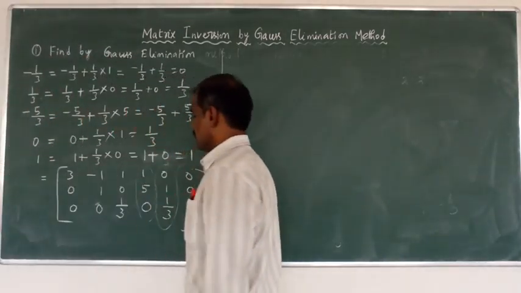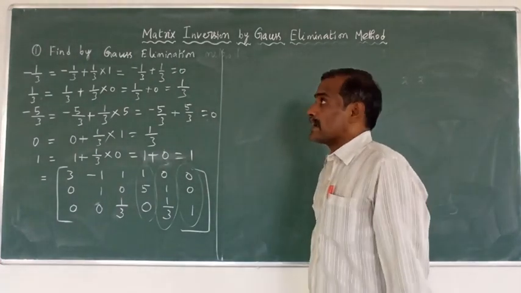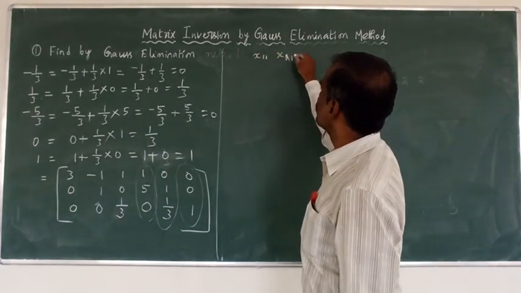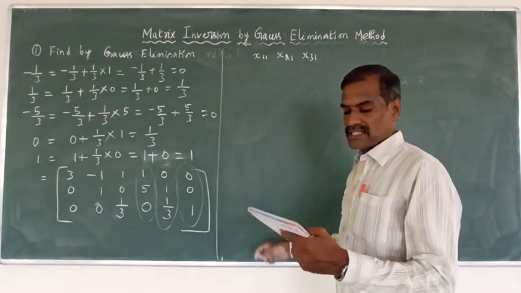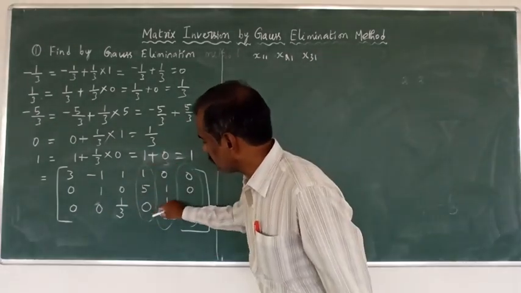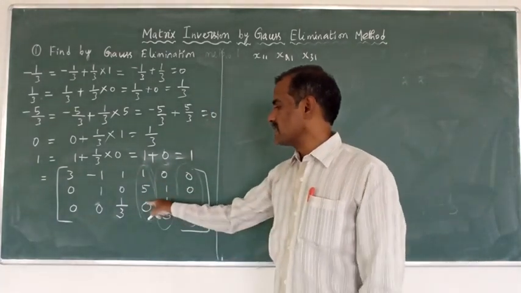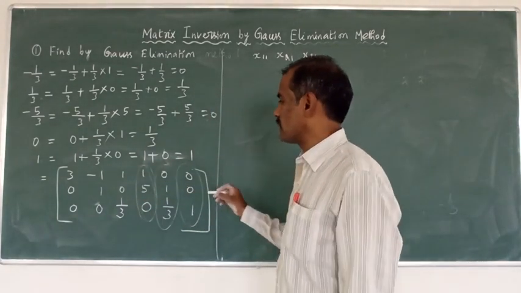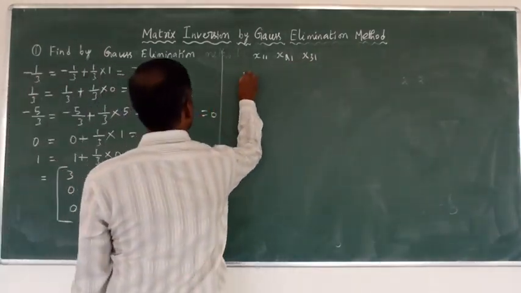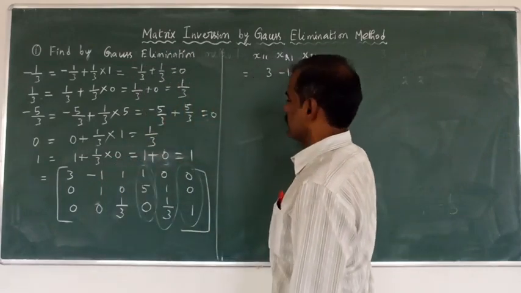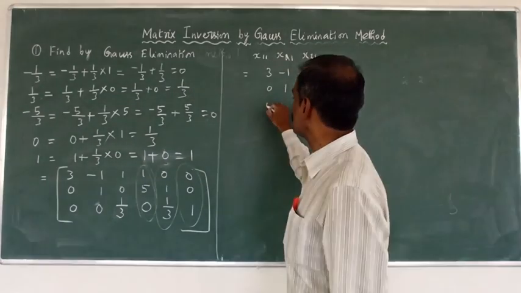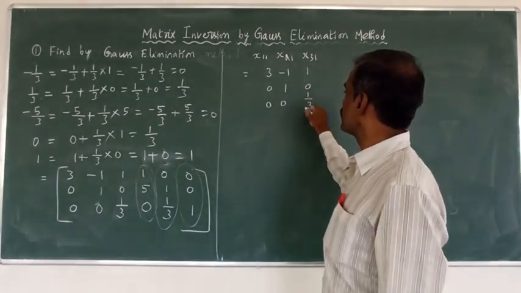Okay, first we have to find out the value of x11, x21 and x31. For that we can take the first column. We can write the formula: A is 3, minus 1, 1; 0, 1, 0; 0, 0, 1 by 3.